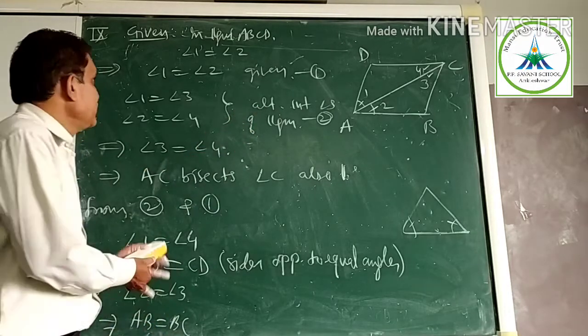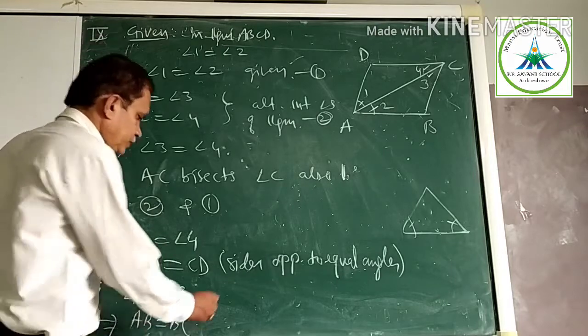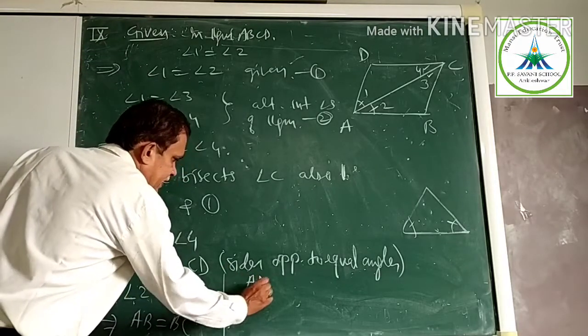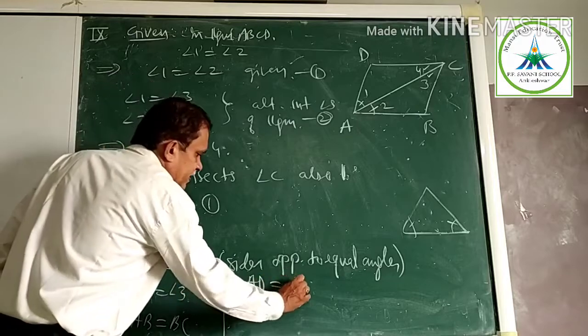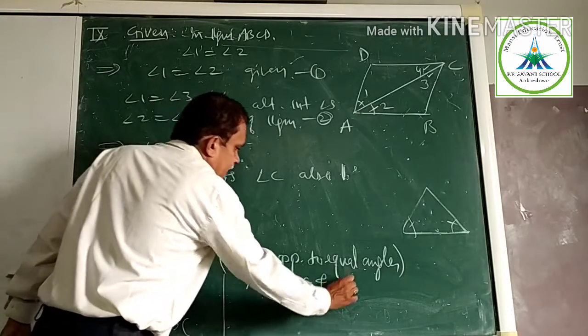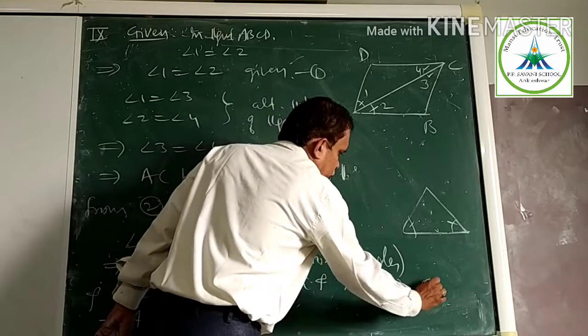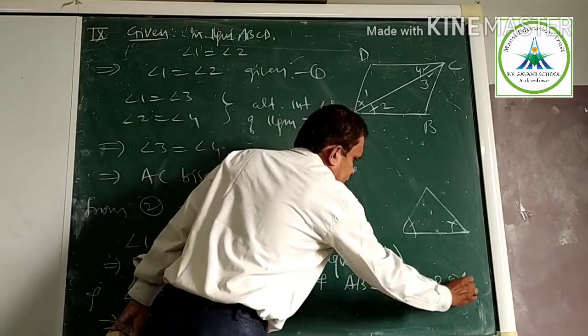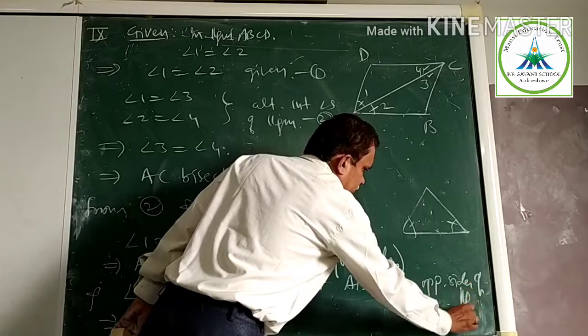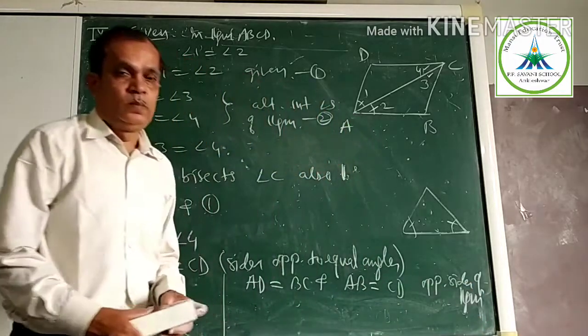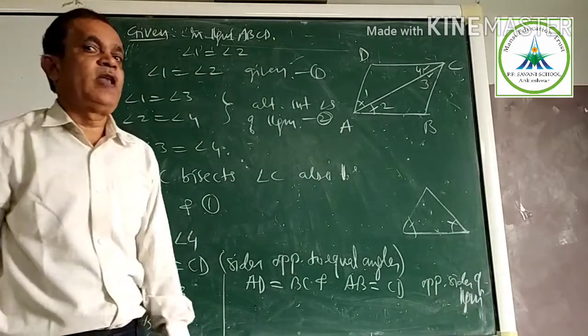Got it? Now see, I am writing AD equal to BC and AB equal to CD, opposite sides of parallelogram. You are given ABCD is a parallelogram.